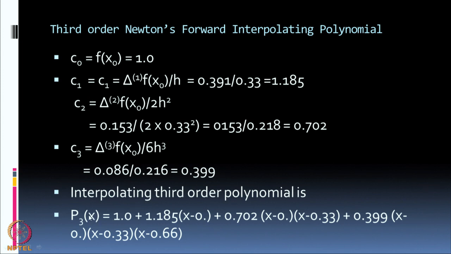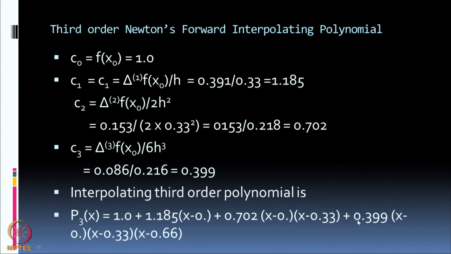Polynomial P3(x) is equal to 1, which is nothing but the value of C0, plus (x minus x0) into my 1.185, C1, plus 0.702, which is the second value, into (x minus x0) into (x minus x1). This is my x0, x1. So, this is (x minus x0), (x minus x1).